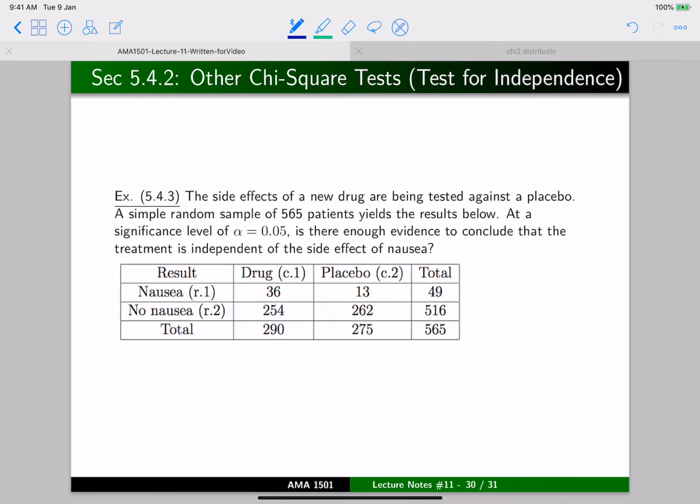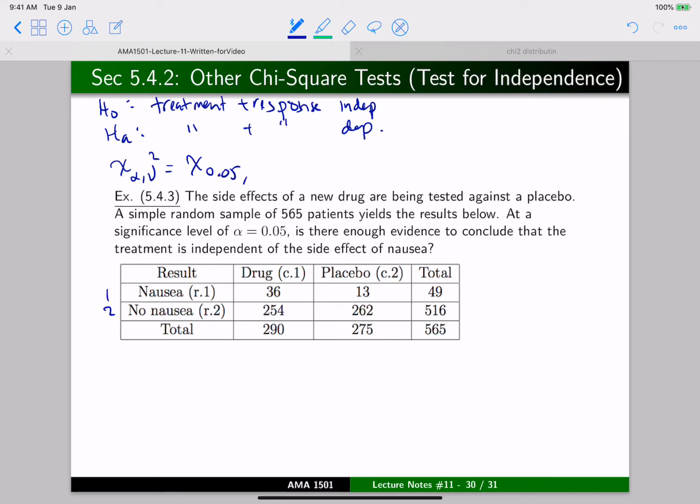So again, let's define our null hypothesis. Treatment and response are again independent. Our alternative hypothesis is treatment and response are dependent. Our chi alpha nu for the critical region is going to be chi 0.05.